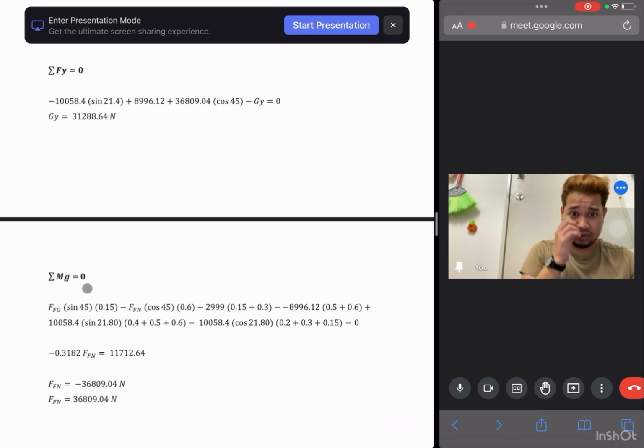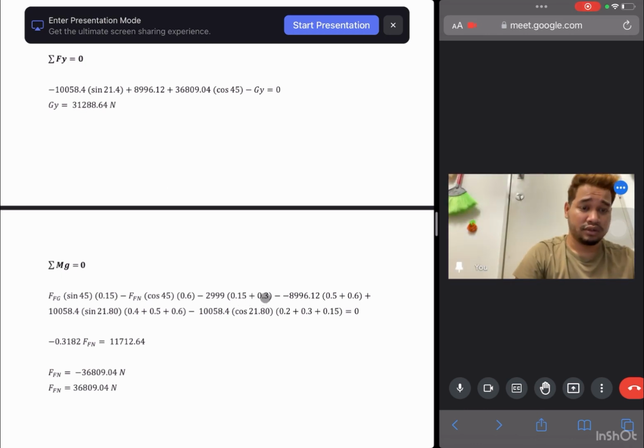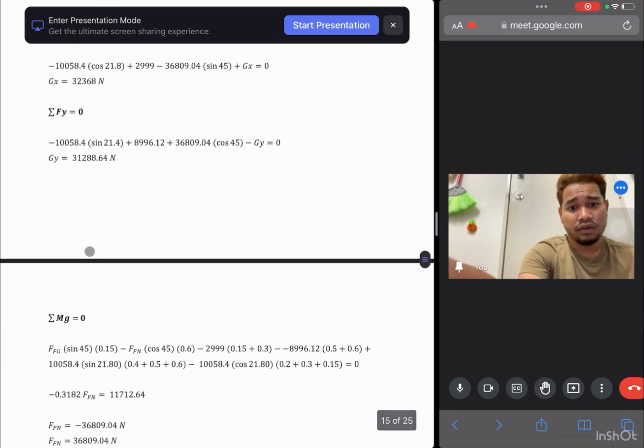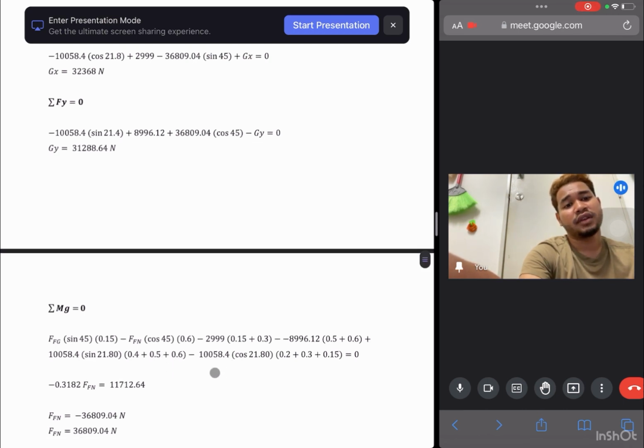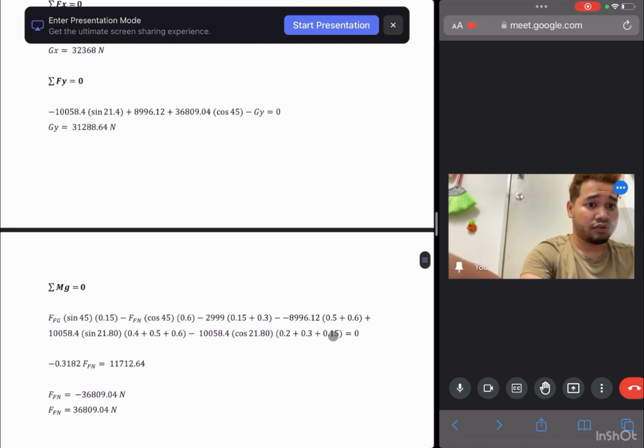So total moment at point G equal to 0. So we got the FFG sine 45 times 0.15 minus FFG cos 45 times 0.6 minus 2,999 times 0.18 plus 0.15 plus 0.3 minus 8,996.12 times 0.5 plus 0.6, and then we plus 158.4 sine 21.8 times 0.4 plus 0.5 plus 0.6 negative 158.4 cos 21.8 times 0.2 plus 0.3 plus 0.15 equal to 0.